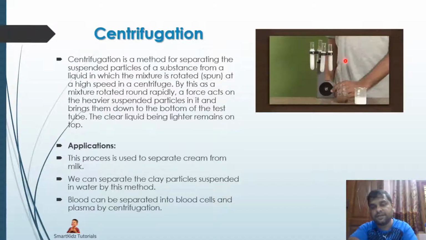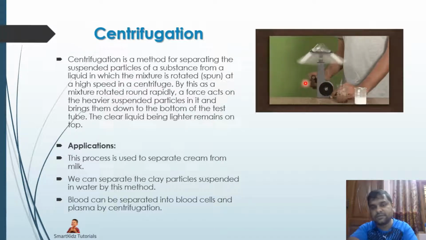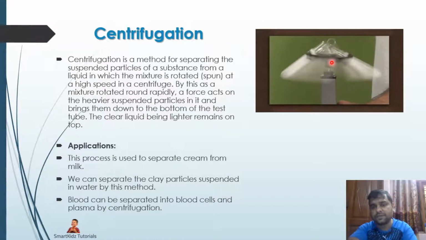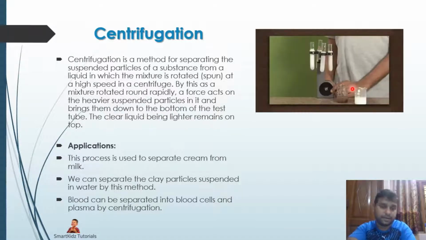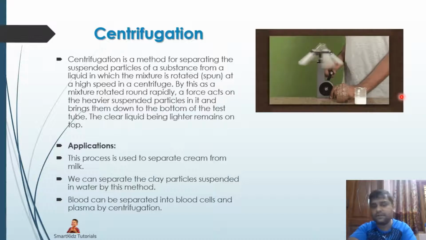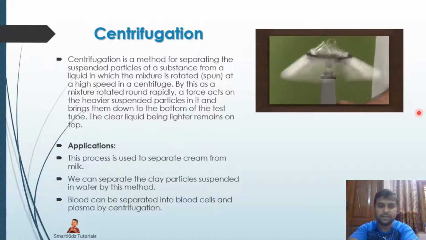Okay, when it is rotated around like this at high speeds, it settles down to the bottom, and what you get on top is a clear liquid. Okay, and this is how we can separate out a solid which is mixed in a liquid.